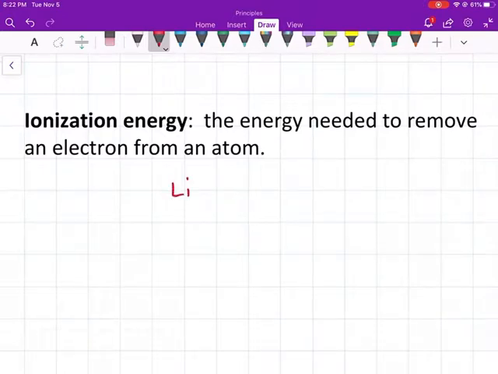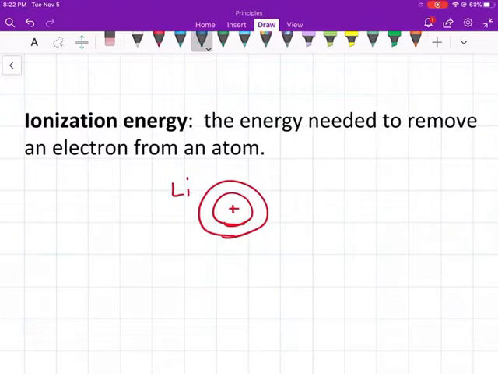A lithium atom has a positive nucleus, and then it has just 2 energy levels of electrons. It has a couple of electrons in the first energy level, and then it just has 1 electron out here in the second energy level. So ionization energy is just describing how much energy is needed to pull that 1 electron away from the lithium atom. And what that has to do with is 2 things.